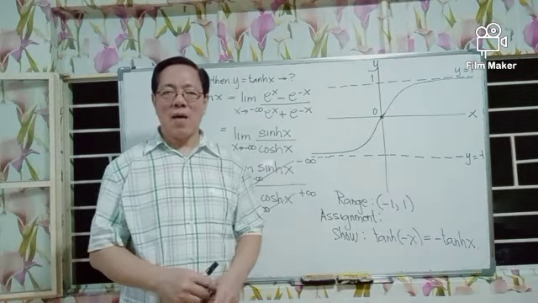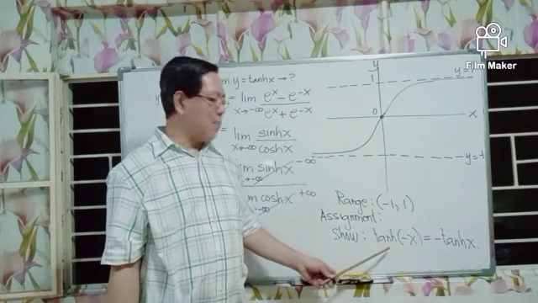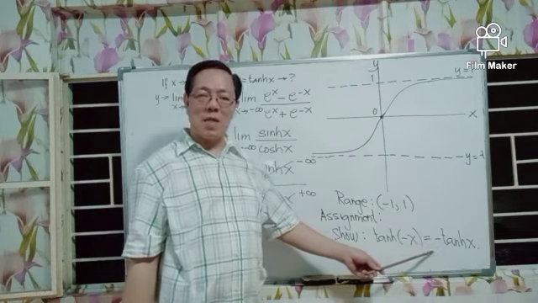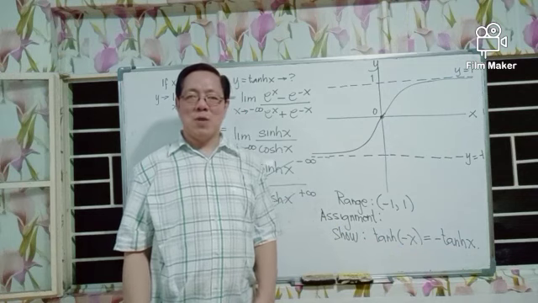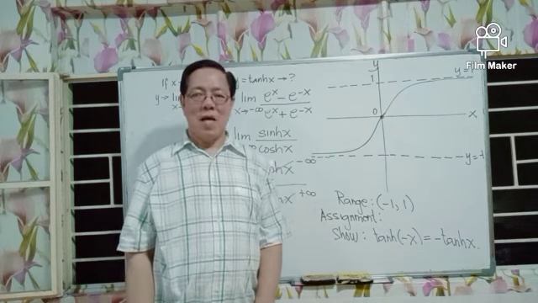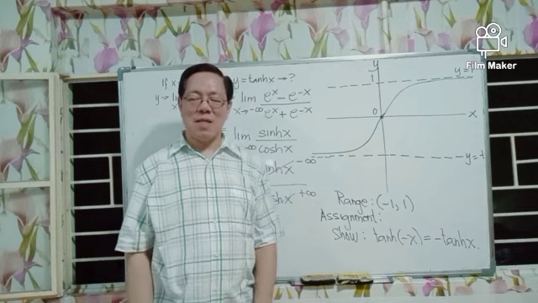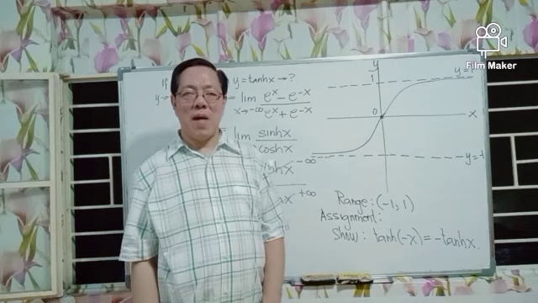For your assignment, please try to show that the hyperbolic tangent of -x is equal to negative of the hyperbolic tangent of x. Earlier, we have shown that the hyperbolic sine of negative x is equal to negative times the hyperbolic sine of x.